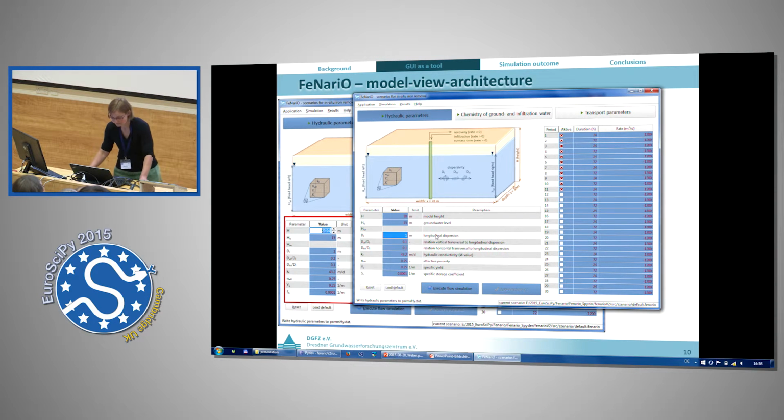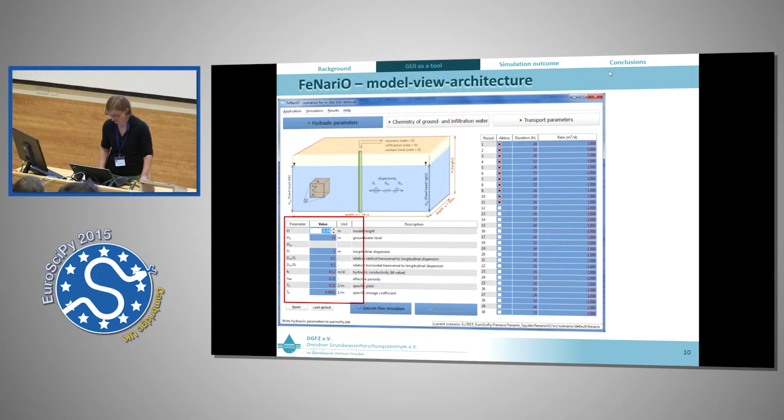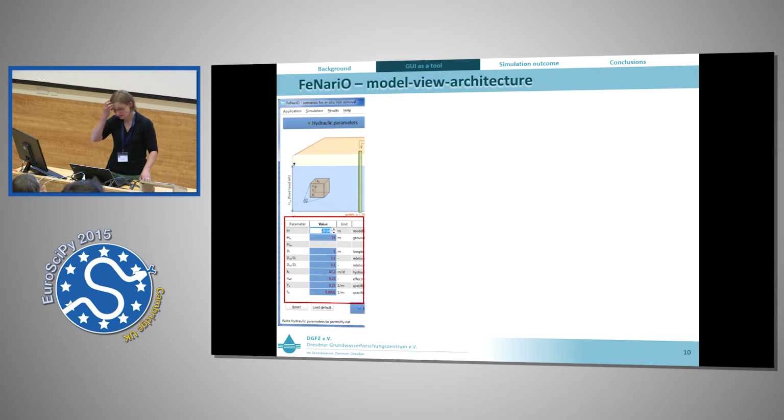For example, when I want to change the height of the model, I can click here, and if I try to input just not a number or figure, just typing a letter, this won't be possible. And this is because with PyQt you can take care of what the user actually should be able to do. This is the so-called model view architecture.